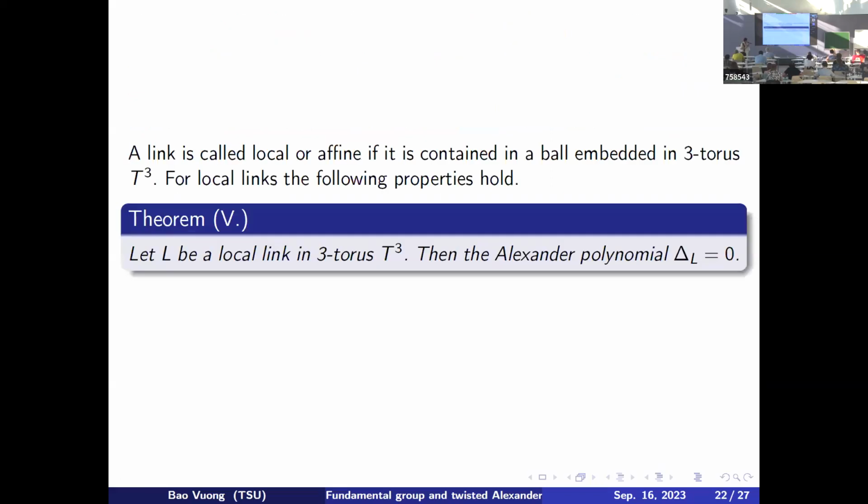And then we can prove some theorems. Okay, a local link in the three-dimensional torus is like inside some ball in the three-dimensional torus. In that case, the twisted Alexander polynomial will equal 0.